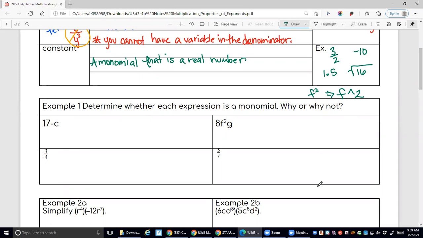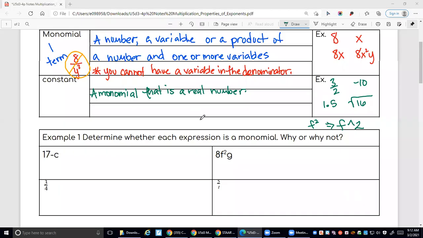So I'm gonna go ahead and give you a second, okay? So again, it's okay to have a fraction. This one is okay. Yes, it is a monomial. Okay, but this one is not. And the reason being is because of the variable in the denominator, right? This has just a 4, and that's fine, okay?